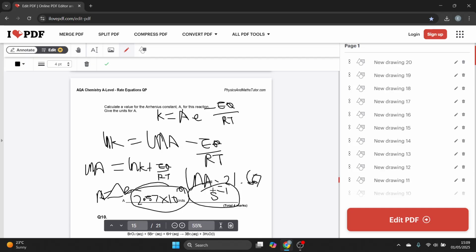Let me write that down. I just need to double check whether that applies to every single case of the Arrhenius constant. Is the Arrhenius constant always in units of s to the power minus 1?